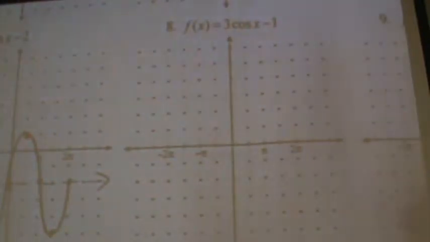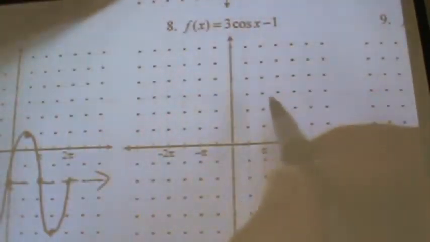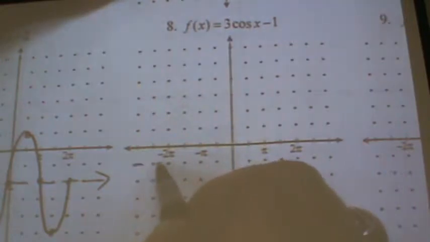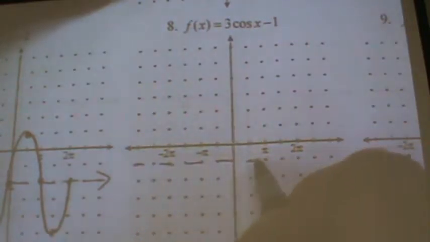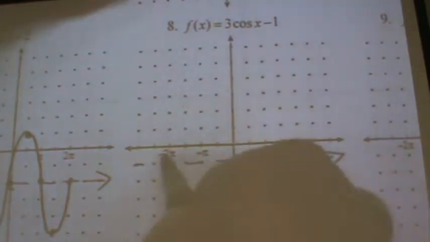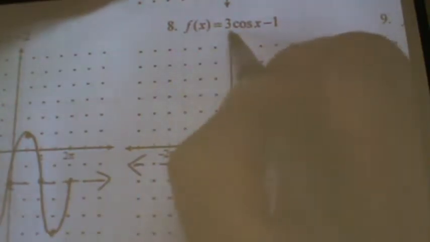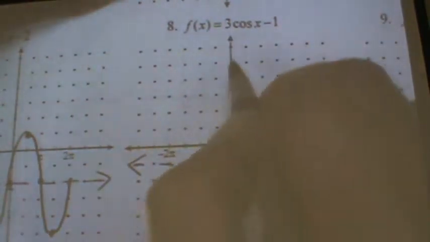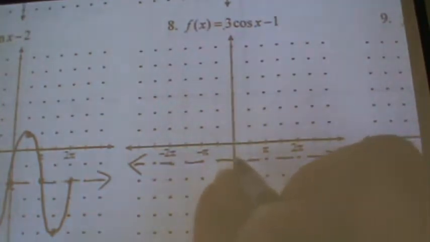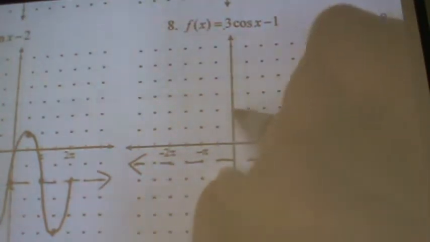Okay, what about this one? 3 is the amplitude, but negative 1 is the new x-axis. So you're going to start at negative 1, and you start above that, you're going to go 3 units above that x-axis. So 1, 2, 3.